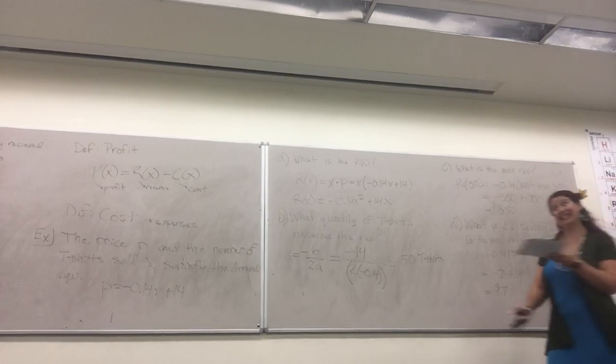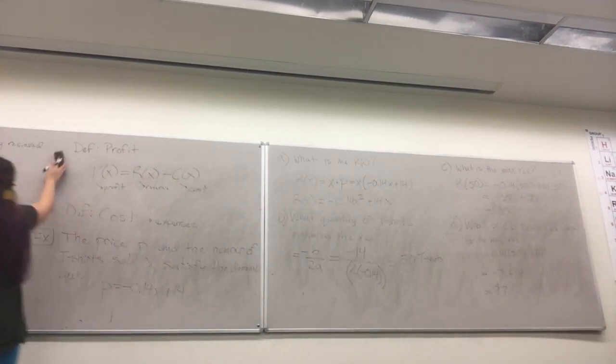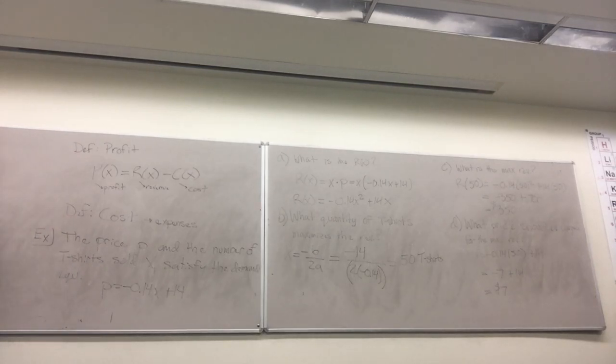Okay, so then part E is, so say the cost of producing X t-shirts is given by C of X is equal to 2.8X plus 100.